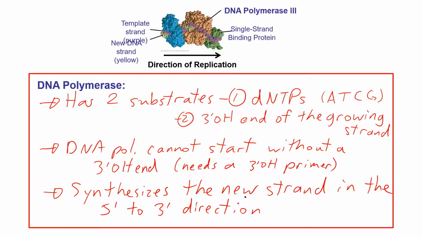Okay, so that's not all. I've told you what the substrates are. I've told you it can't start without help. And so that's kind of the beginning. I have maybe 3 more notes on DNA polymerase. So hopefully you got all that. I'll just review the video if you didn't. But I'm going to go to the next note.